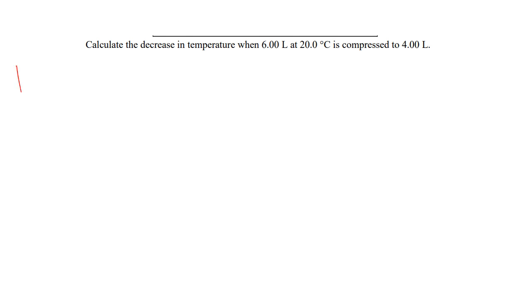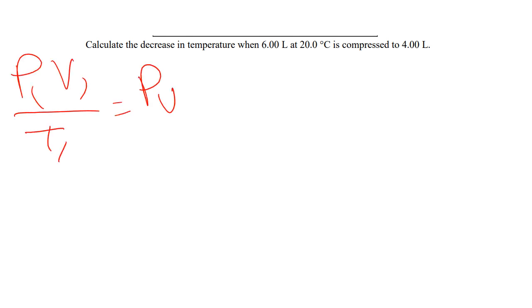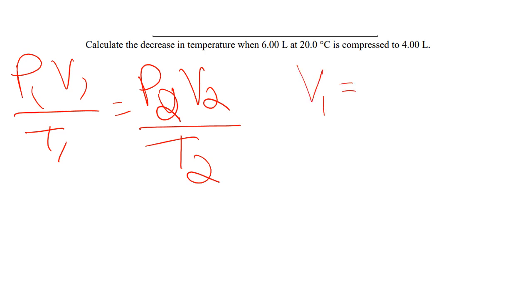Another one here, and I'm just going to start off with P1 V1 over T1 equals P2 V2 over T2, and calculate the decrease in temperature in 6 liters. So we got volume 1, temperature 1, so we have to convert that to Kelvin.